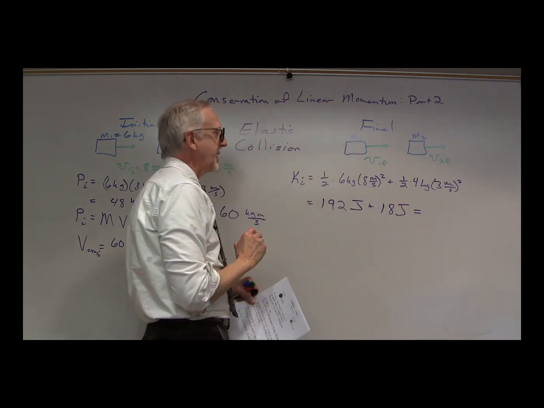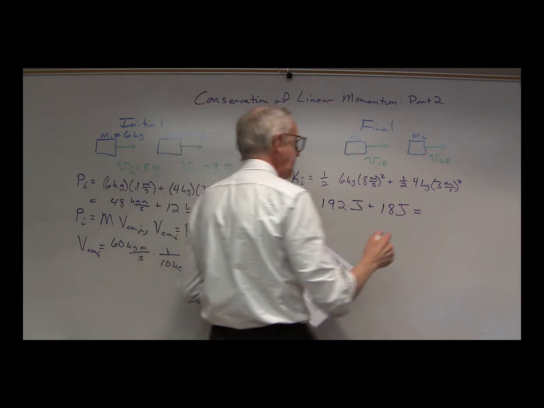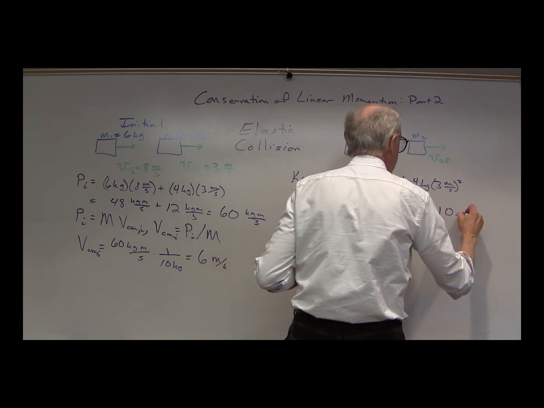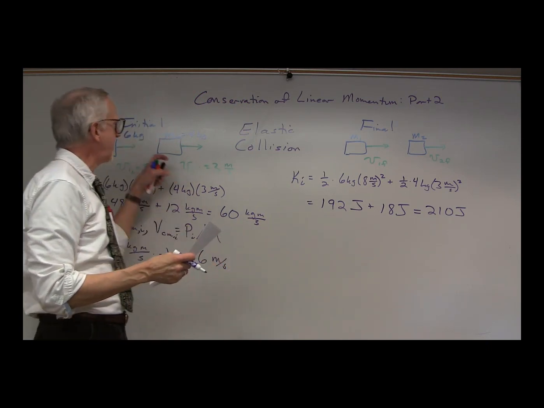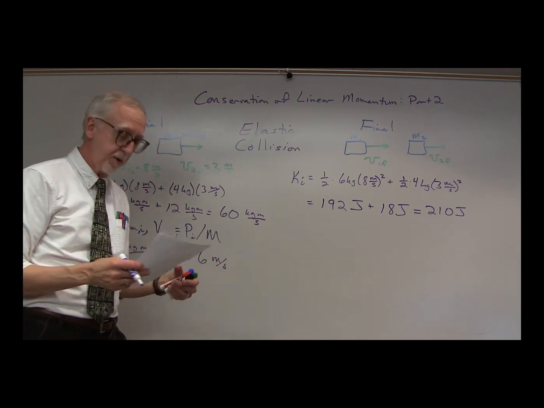So the total kinetic energy is 192 plus 18, or 210 joules. That is our total initial kinetic energy, the sum of the kinetic energies of both objects.